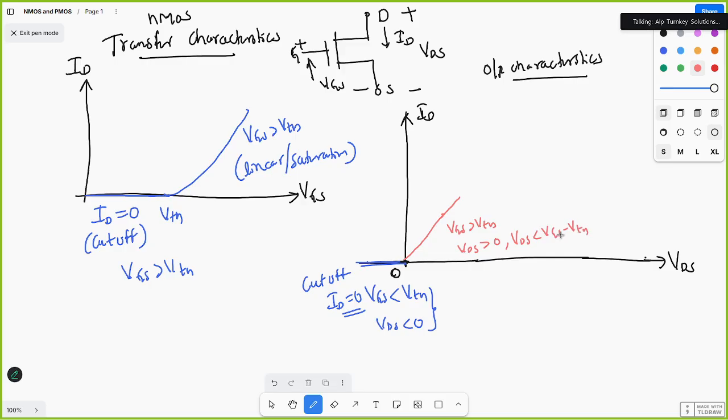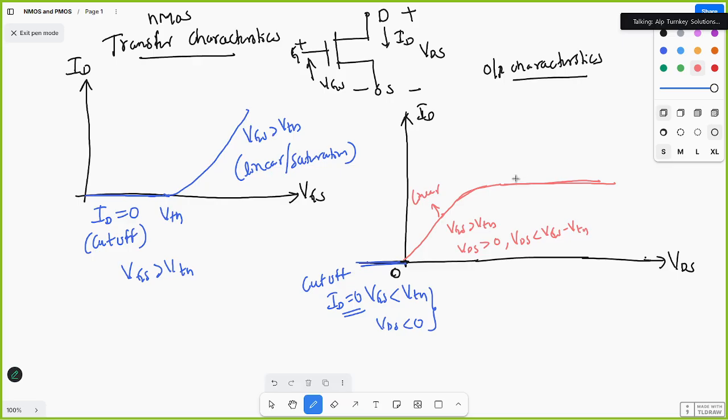This will be operated in the linear region. After that there will be non-linear, the channel is non-uniform. After that it becomes constant. This is the saturation region.